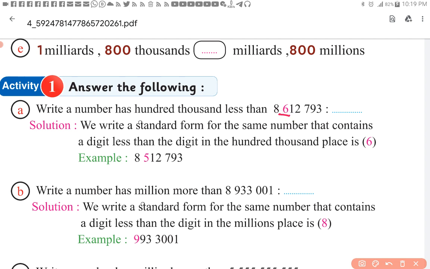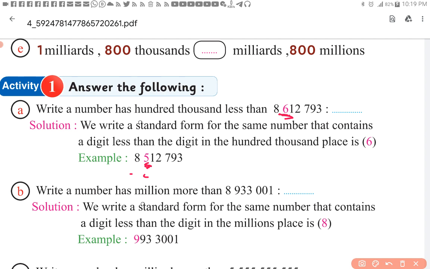So you will subtract 1 from this place. It will be 5. So the number will be 8,512,793. هنا نركز كويس إن هو بيقول لي write a number 100,000 less than. دي معناها إنه عايز أنقص من البليس بتاع 100,000 1. That's okay?